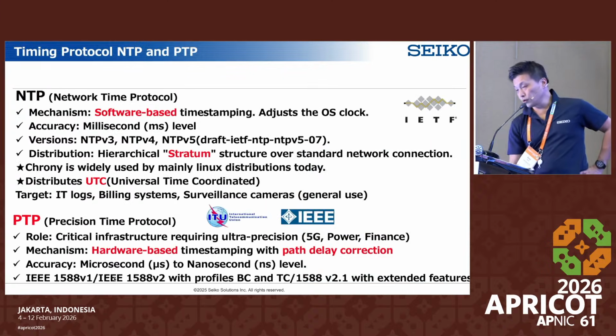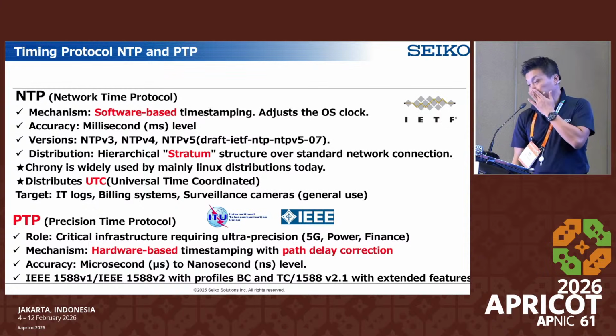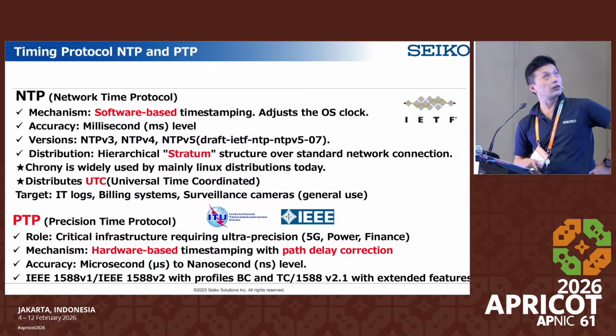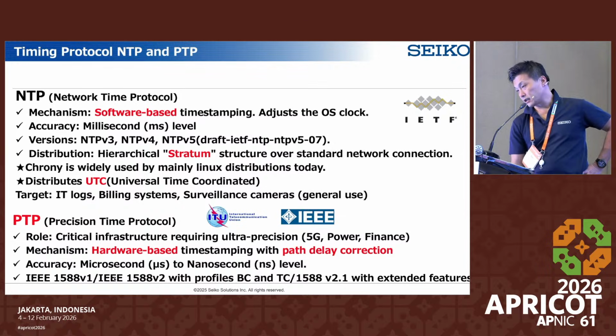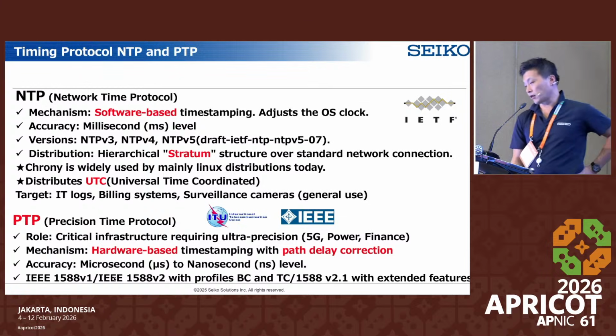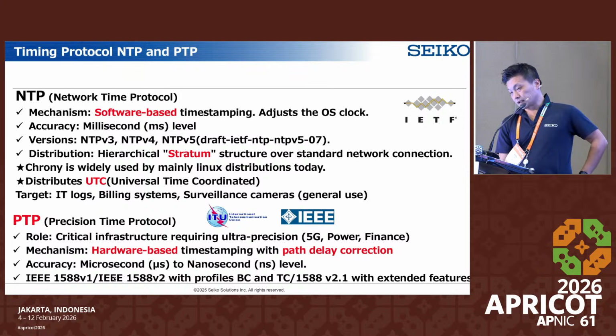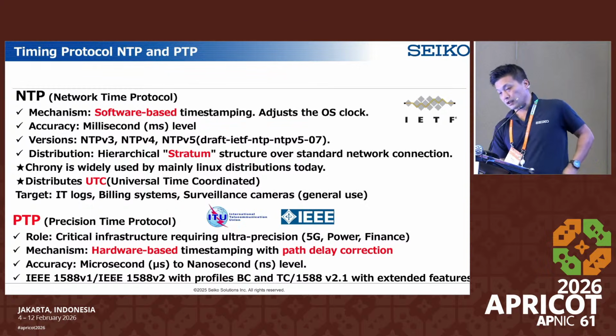Okay, there are two major protocols used in time synchronization. As you know, many people here know about NTP. NTP is widely used and provides millisecond level accuracy, which is sufficient for general IT systems, of course, the internet. On the other hand, PTP provides microsecond and even nanosecond level accuracy, which is required for telecom, mobile, finance, and power utility.